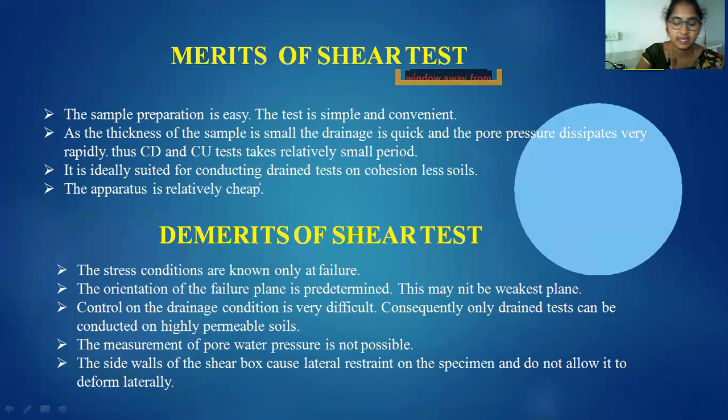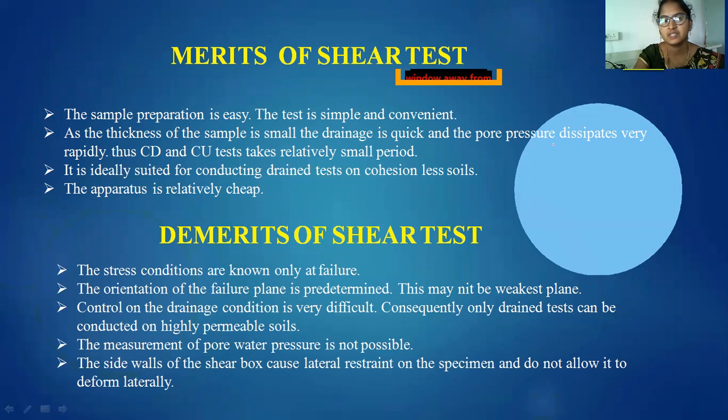Now merits and demerits. The advantage is that this is a very easy and quick method. The apparatus is also cheaper and there is no need for technical skills to operate the equipment. Also the sample preparation is very easy and convenient.